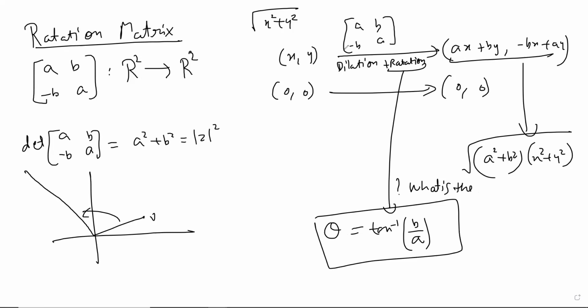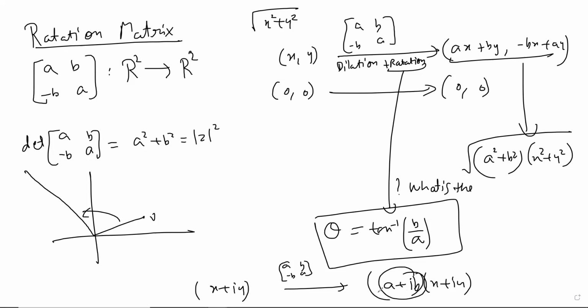You can also take the complex number approach, which is where we came from. You can already understand that this is what the matrix is doing: it rotates by the argument of the complex number and expands by its modulus.